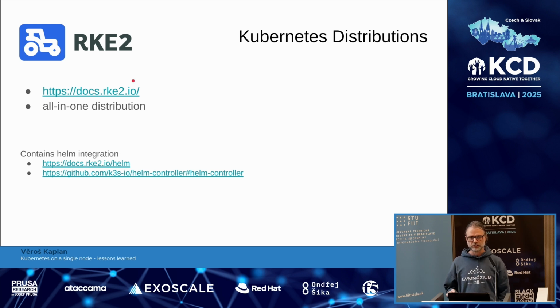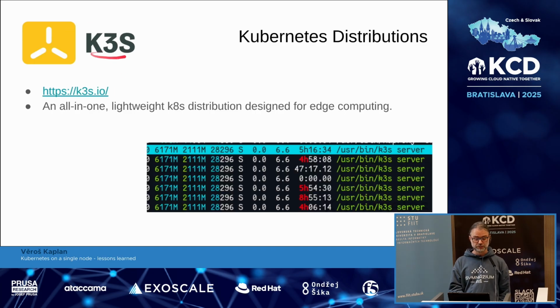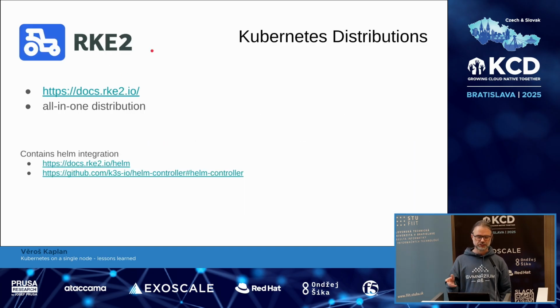By the way, Rancher Kubernetes Engine also uses etcd, so it can be easily scaled to more than one machine if you need, for example, a highly available control plane. The disadvantage of one machine with K3s and Rancher Kubernetes Engine is that it's not so smooth to upgrade.